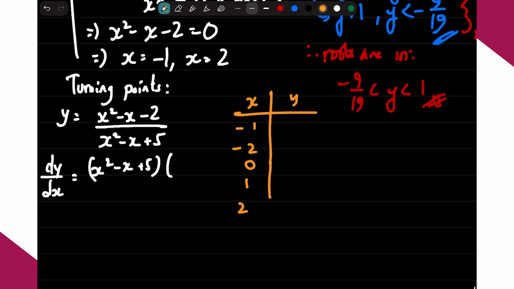We've got x squared minus x minus 2, over x squared minus x plus 5. And the value of x in this case, we're going to first put is -1.